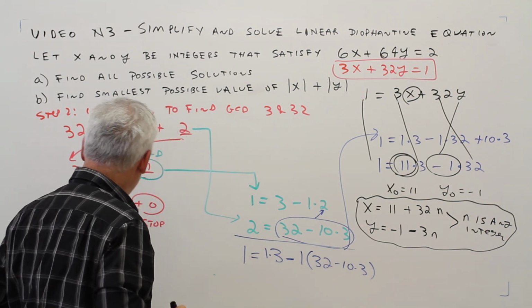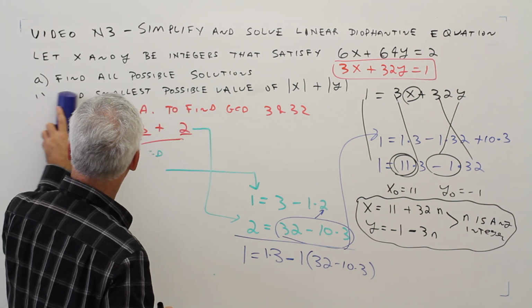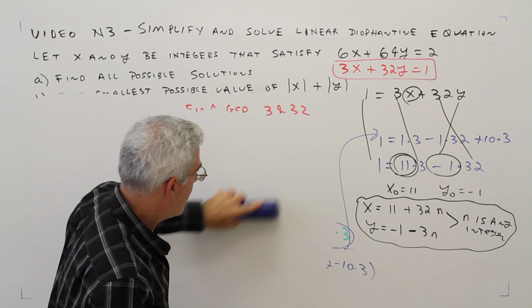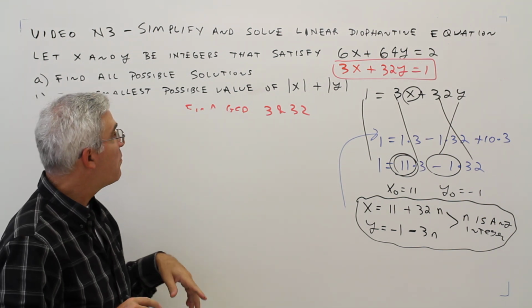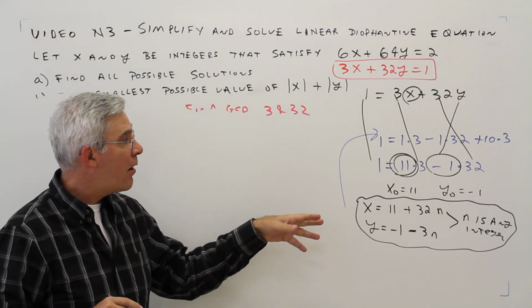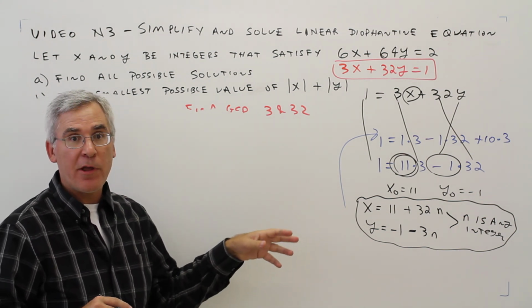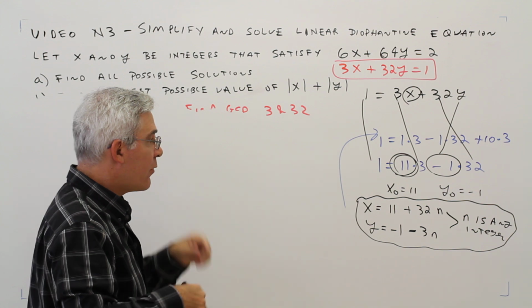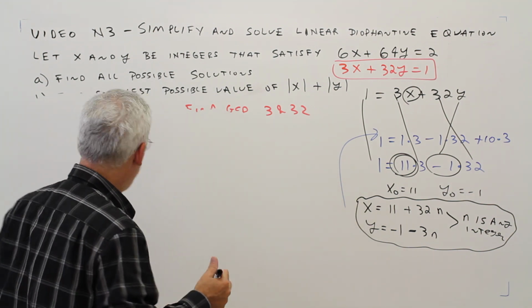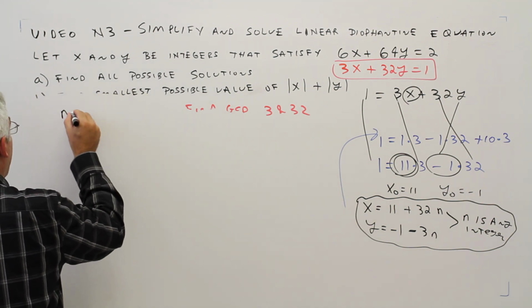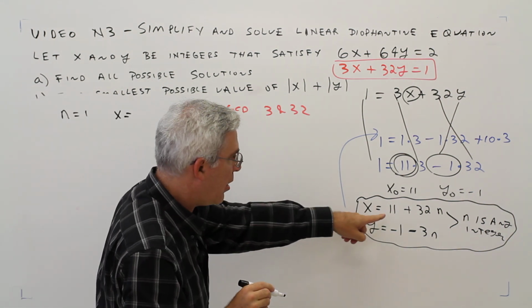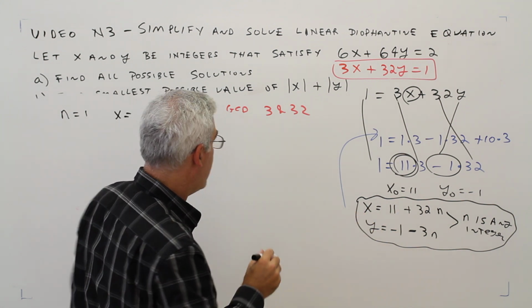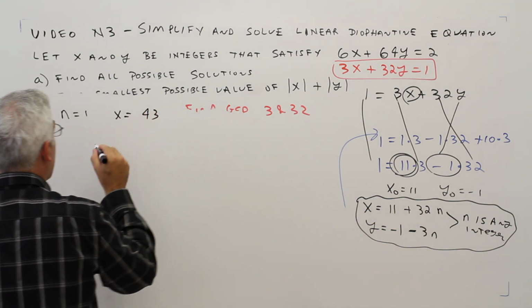Then the second part, let me erase all this, says find the smallest possible value of the absolute value of x plus the absolute value of y. So if you wanted to, you could list some other specific solutions. For example, if n equals 1, we would get x to equal 11 plus 32, that's going to be 43.